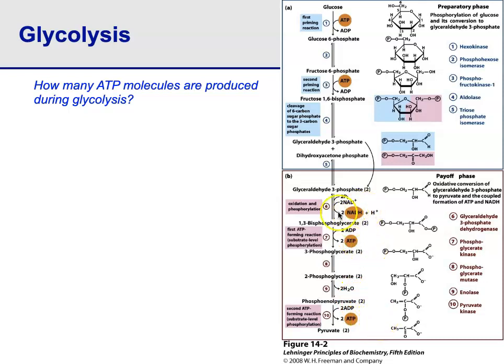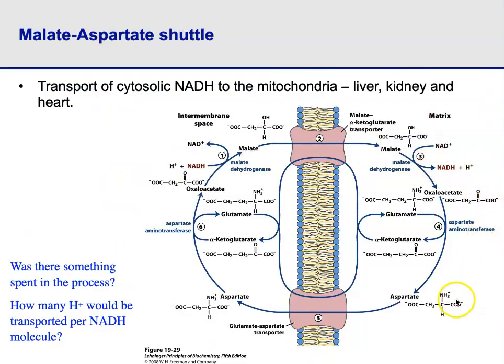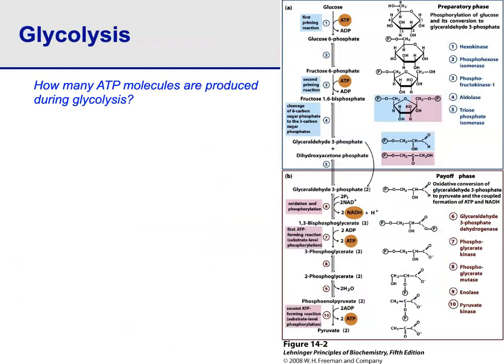Now, if this NADH gets transported into the mitochondrial matrix by the malate aspartate shuttle, then that pair would lead to 10 protons transported across the membrane, and as a result, 5 molecules of ATP.